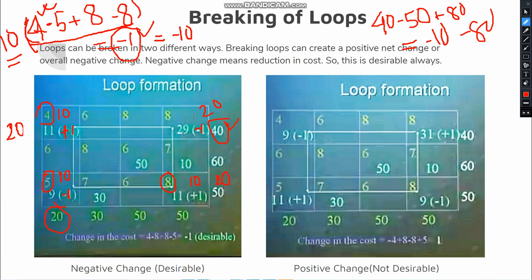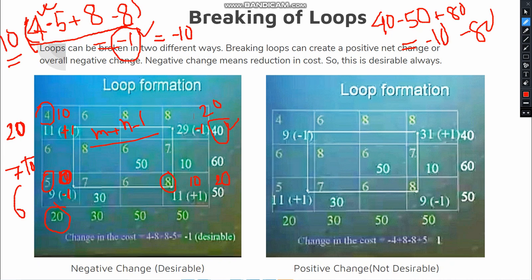Okay, now using this idea, the number of allocations has been reduced. See, when we have allocated 20 here, it becomes 0. So there is no need of allocation here. So the number of allocations gets reduced from 7 to 6, which is following the m plus n minus 1 rule.